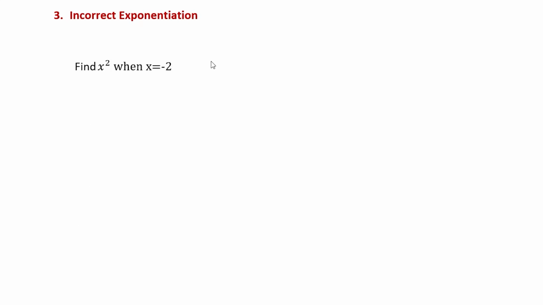Another error I see a lot is if I'm asked to find x squared when x is a negative number like -2, often I see x squared equals -4. Well, that is incorrect. I have to square x. So in this case, I would have to say (-2) squared, which of course is -2 multiplied by -2, which is +4.